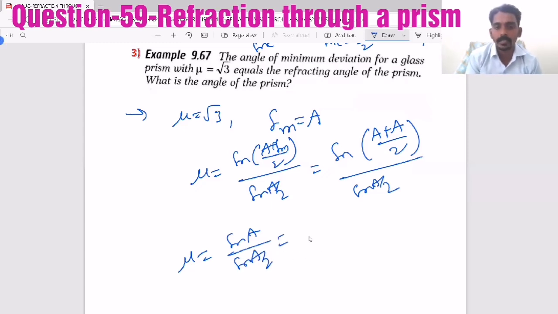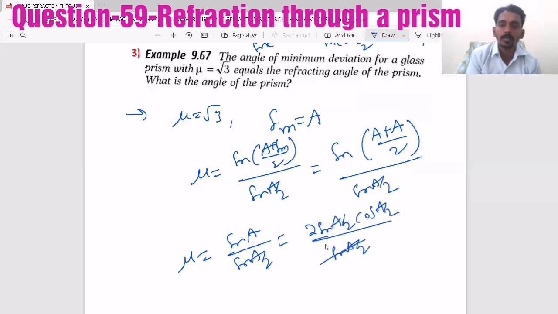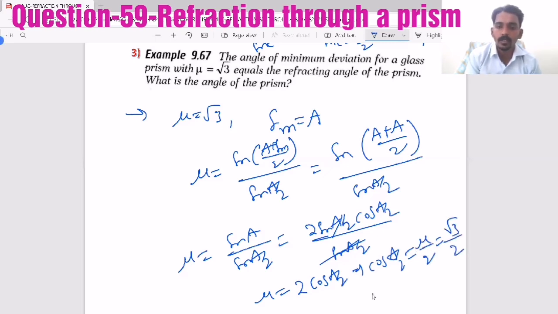But here you need a little mathematics, like the sine A formula is 2 sine A by 2 cos A by 2, divided by sine A by 2, which cancels. So mu equals 2 cos A by 2. Then cos A by 2 equals mu by 2, where mu is root 3, so root 3 by 2.